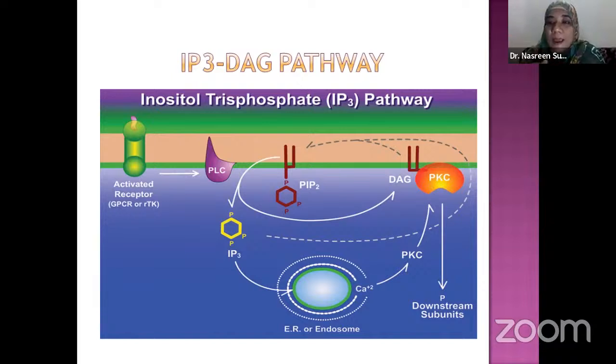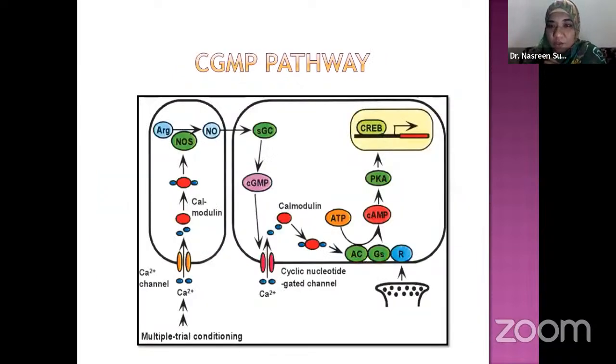Now IP3 is going to activate the calcium channels. IP3 is going to increase the calcium levels by, endoplasmic reticulum will actually be storing the calcium ions. So that calcium ions will be released inside the cell, and DAG will be going directly activating your protein kinase enzyme, and finally there will be change in the cell function.